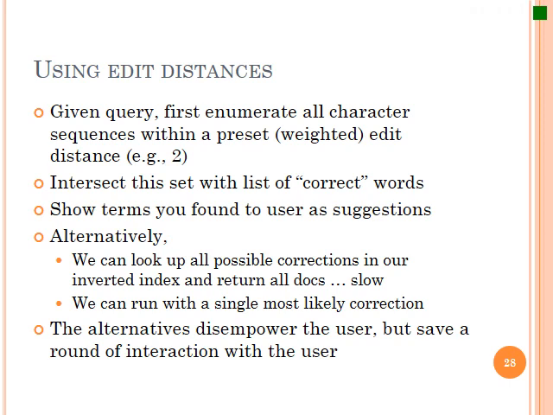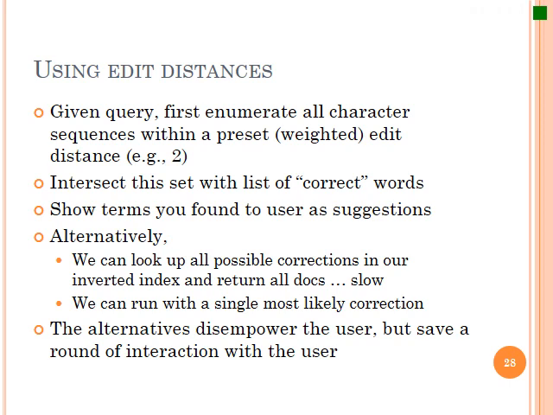So this is one of the approaches that search engines do. That is, you type a wrong word, so what I'll do is take your word, which is not in my lexicon, then I will vary it within two operations.